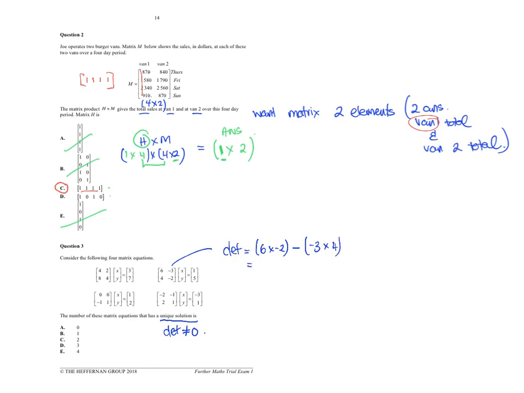So you end up with negative 12 and a minus becomes a plus 12, so it equals 0. So this one's determinant equals 0, so this one does not have a unique solution. And if you go through and do all the determinants, this one equals 0, so does this one, so does that one, and so does this last one. So none of them have a unique solution.